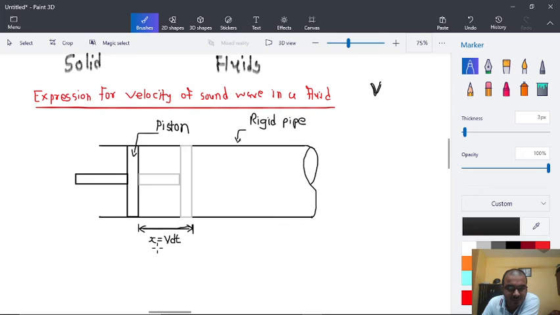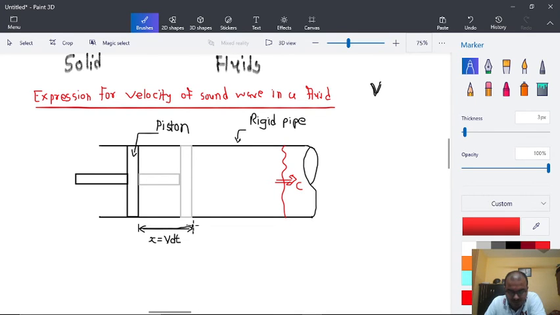So the distance traveled by the piston is x equals v dt, and the pressure wave travels with the speed of sound. Let's say we have a pressure wave like this, traveling with a velocity c.